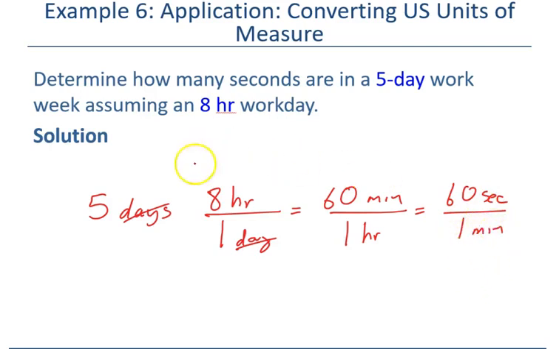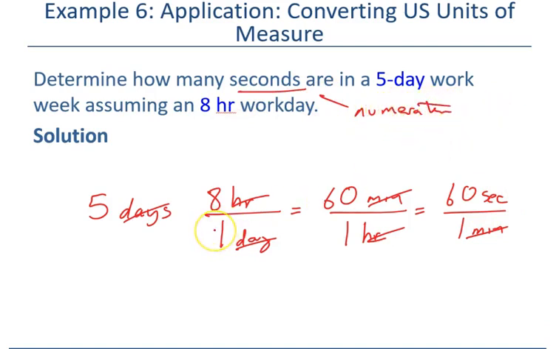So notice what's happening here. My days are going to cancel. Then my hours are going to cancel. Then my minutes are going to cancel. I'm slowly but surely getting to the point where I can find out how many seconds there are, because that's my ending thing that I want. The ending thing I want, seconds, right here, that is my numerator.